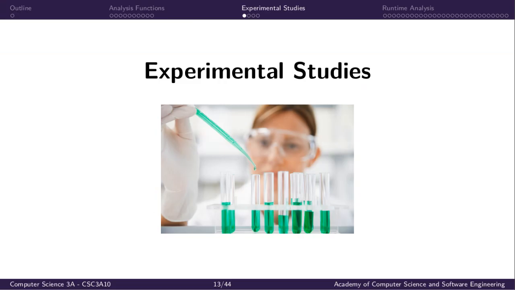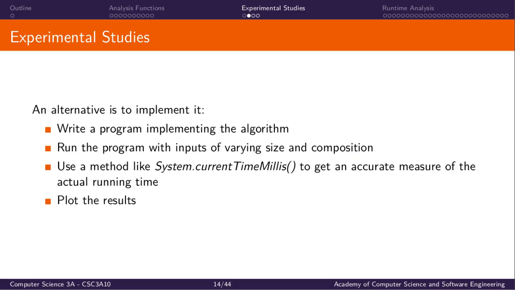Right. So how could we actually do this? How could we compare different algorithms to tell which is better? One method of doing this is actually implementing those algorithms, running them for different inputs, timing that, and graphing it.